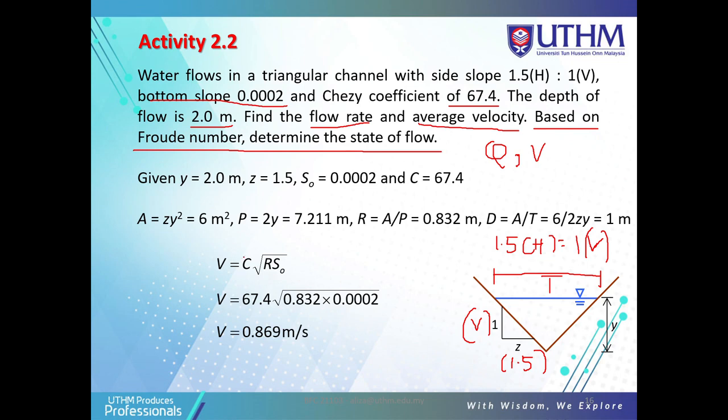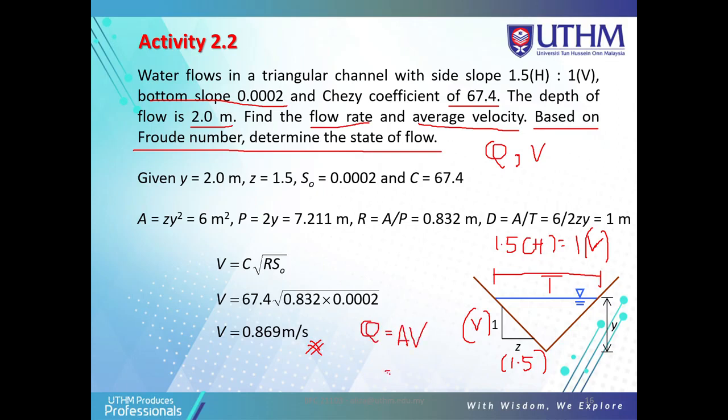So we know that the velocity for Chezy's equation is C times R to the power of half and S naught to the power of half. So we just use that, and then you calculate the value of velocity. After you get the velocity, you use this equation Q is equal to AV.